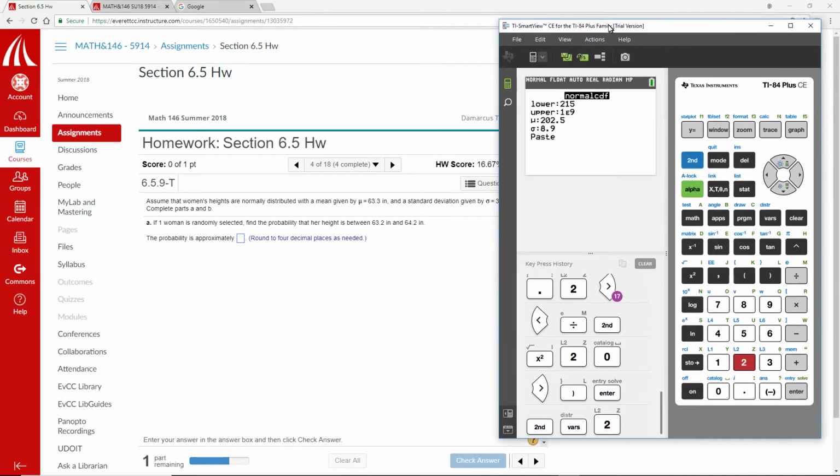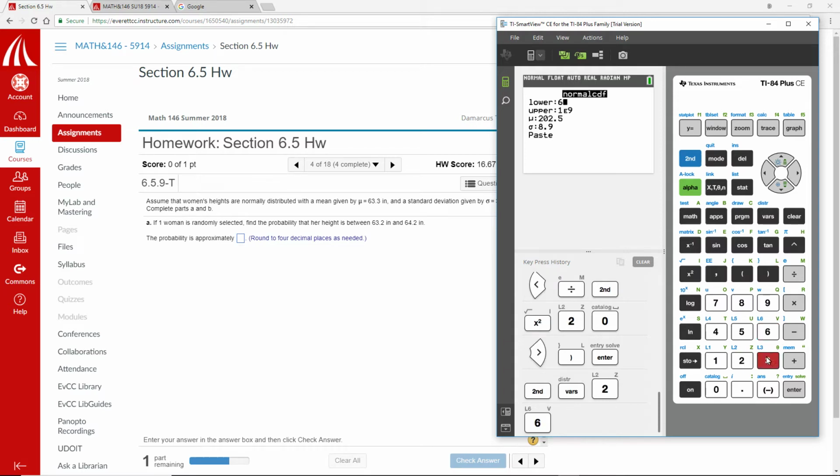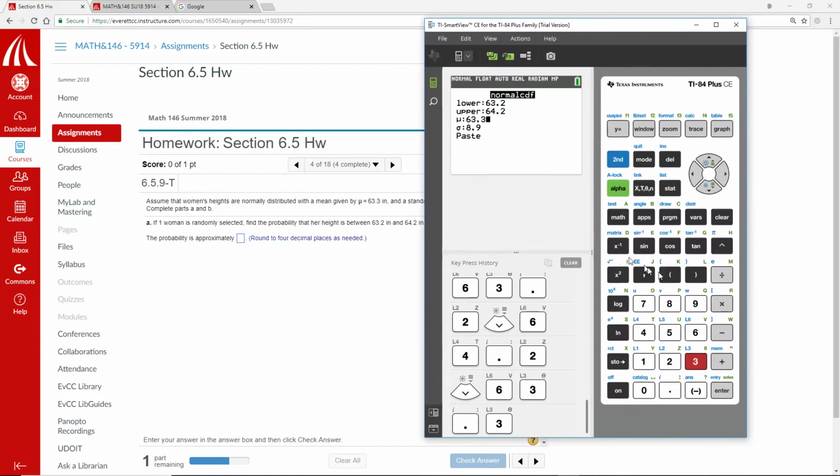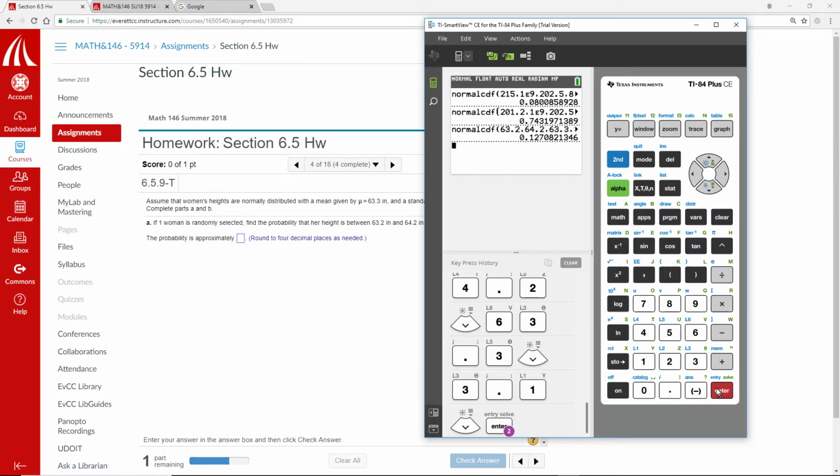In this case, lower bound 63.2, upper bound 64.2, my mean 63.3, and according to the problem, little sigma is 3.1, the standard deviation. And this is going to give us the probability of exactly 1 falls in this group. 0.1271.